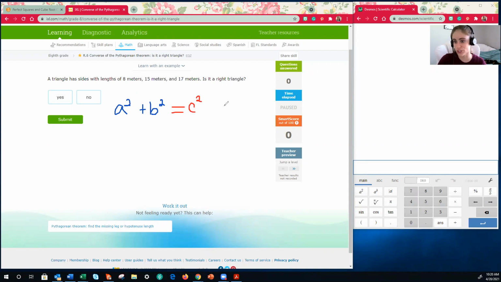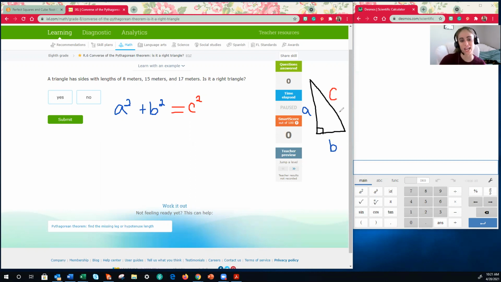I like visuals, so let's draw ourselves a little triangle here so we can better see that the A and the B represent the legs and the C represents the hypotenuse. So I'll draw that triangle over here. Your two legs are A and B, and your hypotenuse is your C.